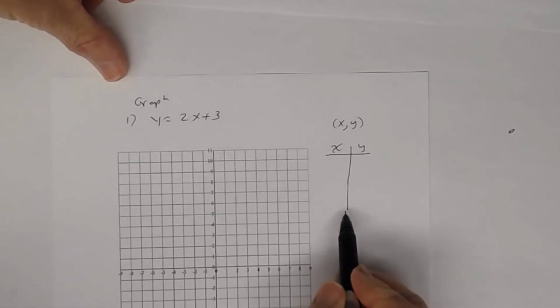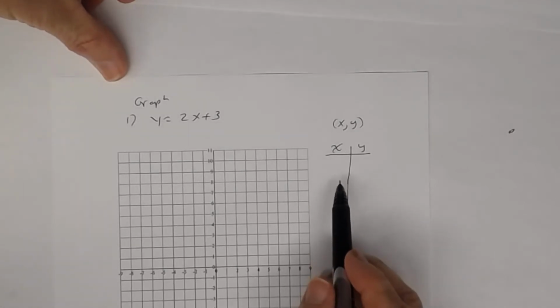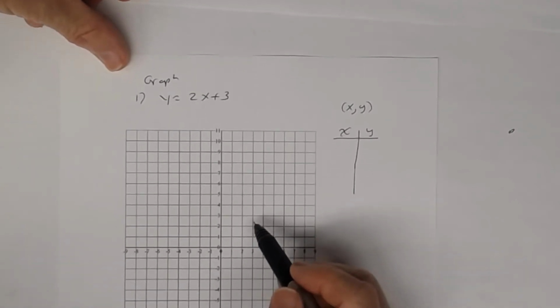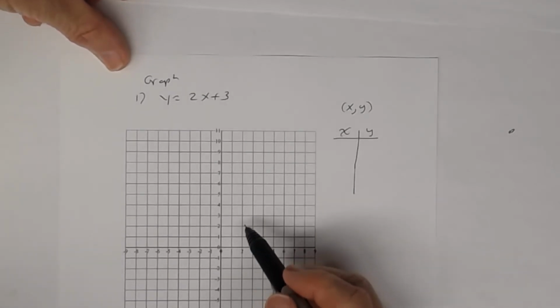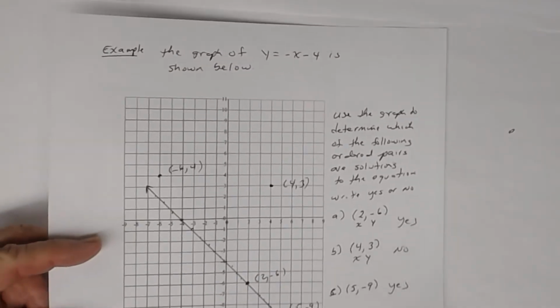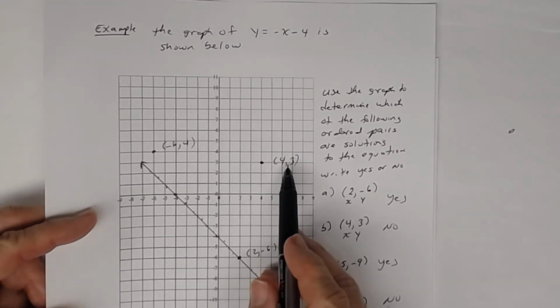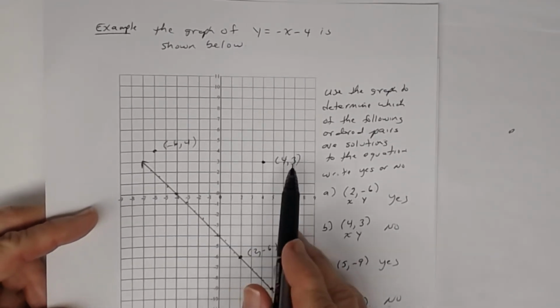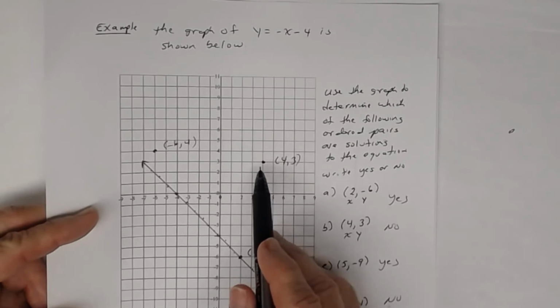Whenever possible, it's always easiest to use integers for x. It makes things easy because it's easy to plot ordered pairs that are integers, and you saw that when we looked at this graph here, plotting the point 4, 3. So all these are integers. 4, 3 lied on where those little grids intersected.